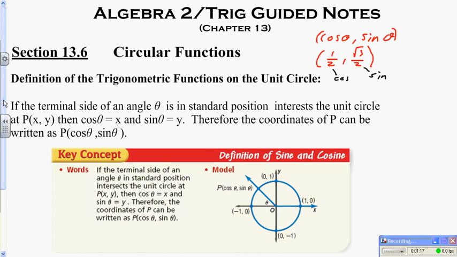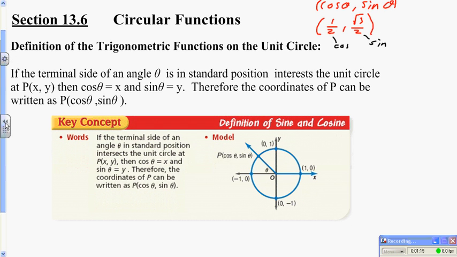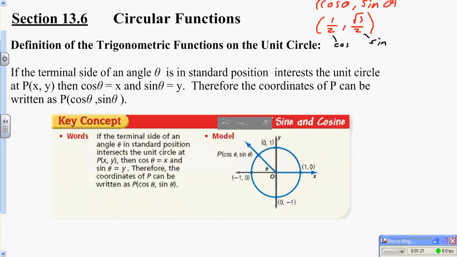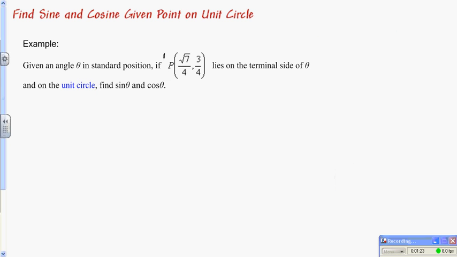So if I tell you that I have a coordinate that's on the unit circle, for example, here, point P is on the unit circle, and they ask us what is the sine and cosine of theta, then it is as easy as it seems. The first value is the cosine, and the second value is the sine.